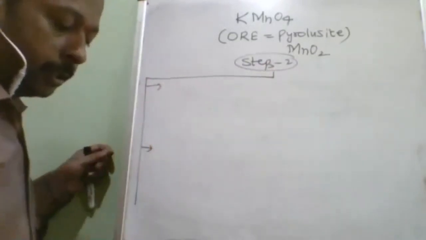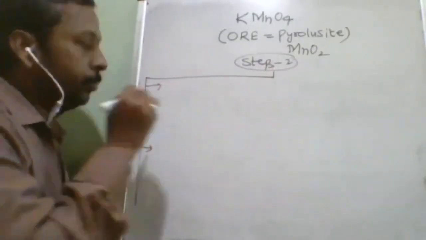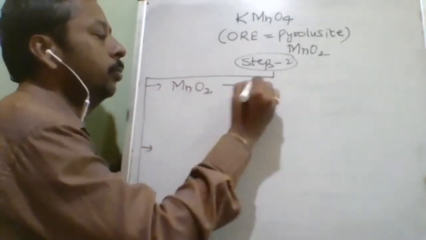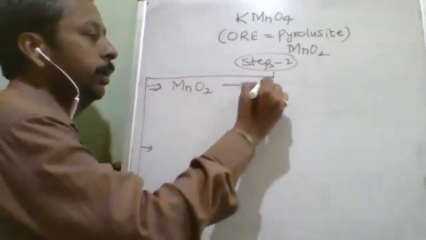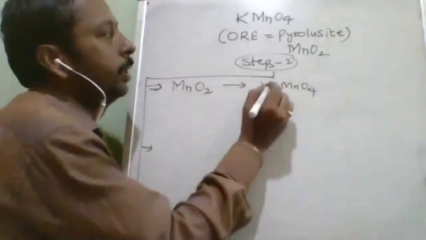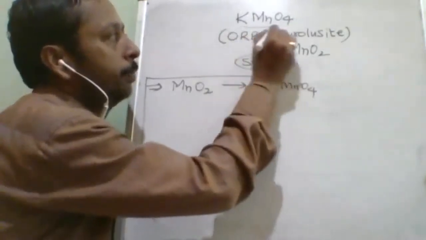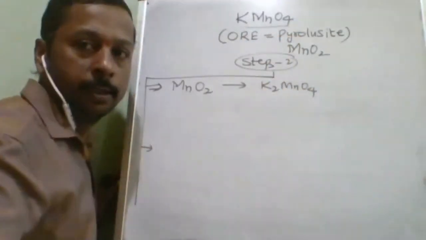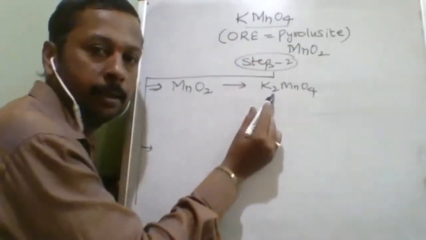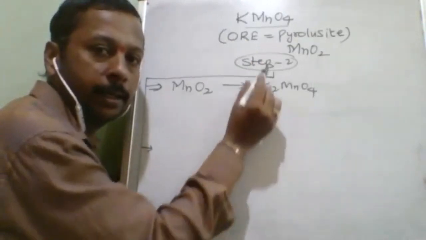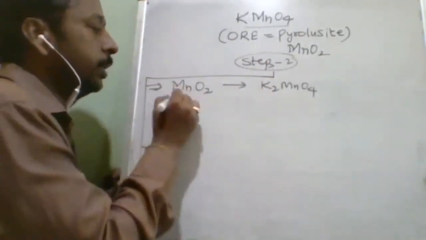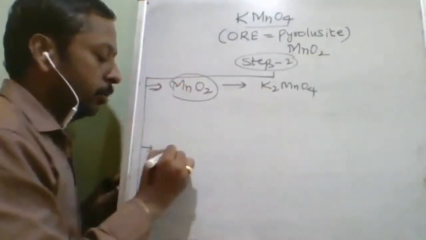In the first step, we will convert MnO2 into K2MnO4. Don't think that both are the same. K2MnO4 is potassium manganate, and KMnO4 is potassium permanganate. So this is pyrolusite, then K2MnO4.